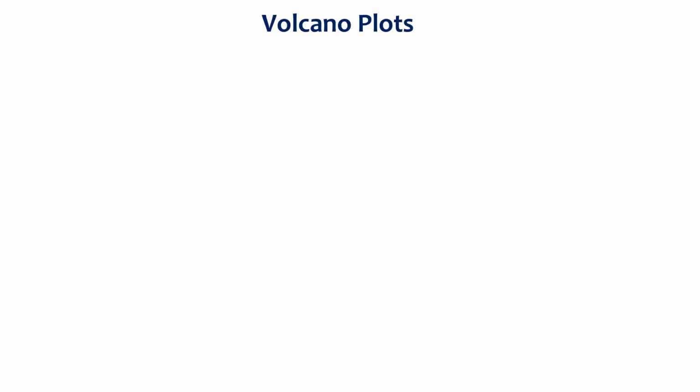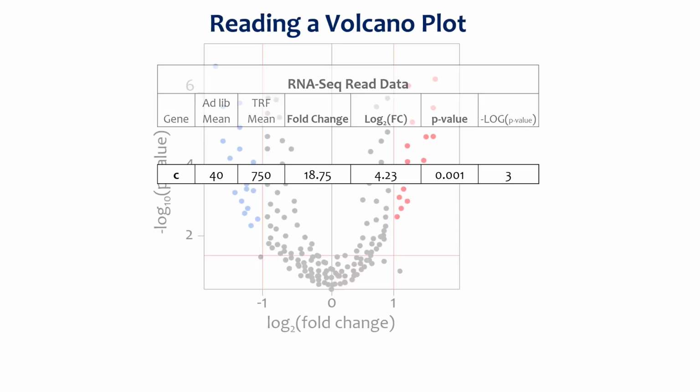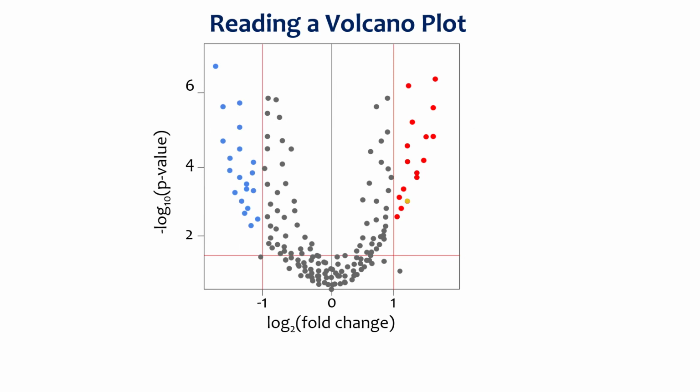The final plot we will cover in this tutorial is one that is constructed with the output of a DESeq2 analysis, described in Dry Lab Tutorial Part 3. Volcano plots incorporate the p-values and fold change values generated from that differential expression analysis and help us to visualize which genes are most relevant from a biological and statistical standpoint.